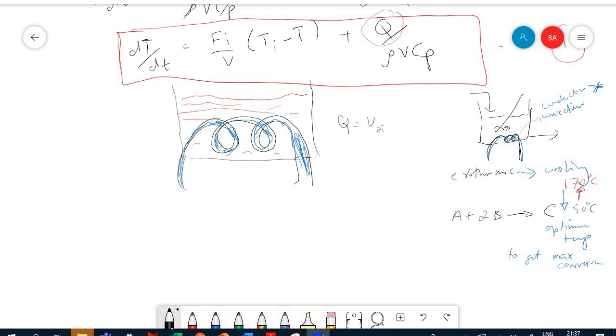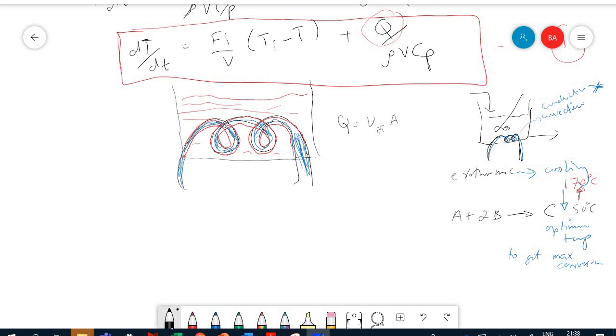So we have U times A, and again, this is not the A of the cross-section area. This is the A of the contact. So where is the contact? The contact is on the walls. This is where there's a contact between this fluid and the other fluid. So if you have more contact, you have more heat exchange.